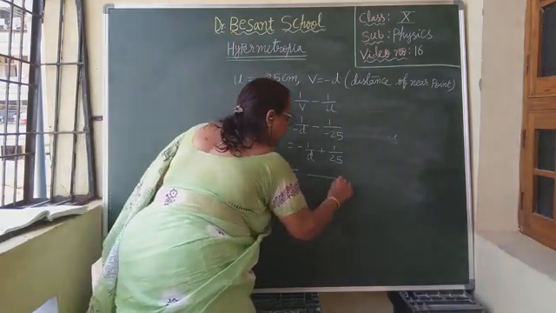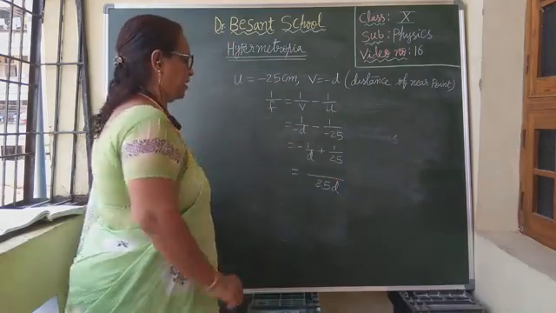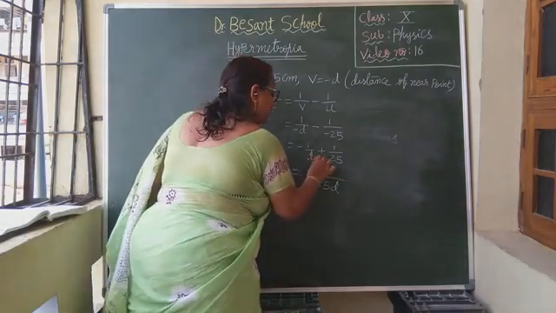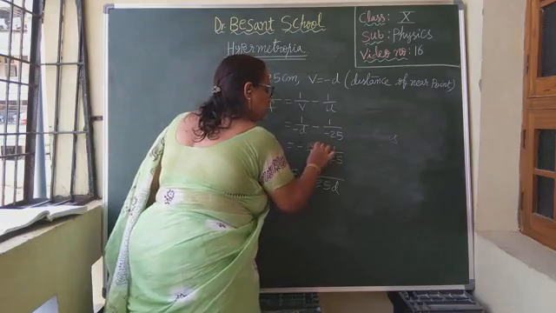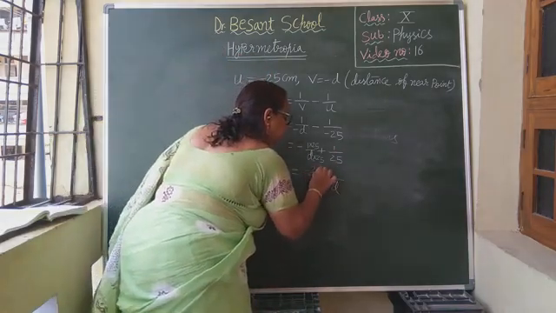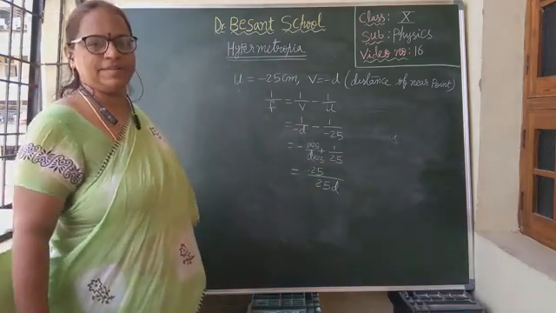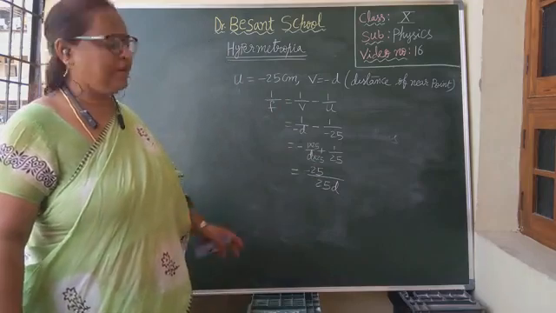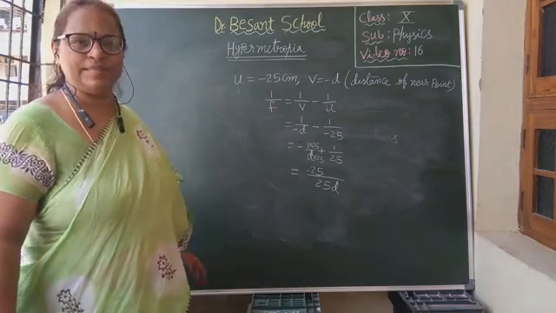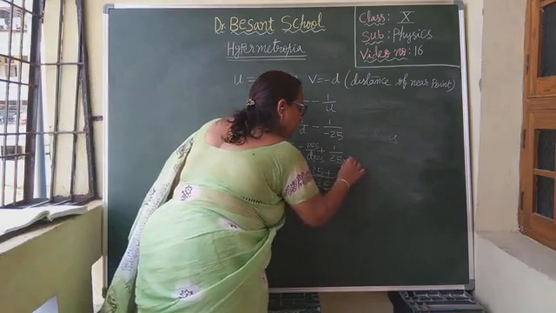See here. What is the LCM? 25d. So when the LCM is 25d, here what will you get? d into 25, so 1 into 25 you will get. So what will you get here? Minus 25, not minus d. I am sorry children, please see the correction. In the flow, I wrote the mistake. Okay, minus 25 and here 25 into d.